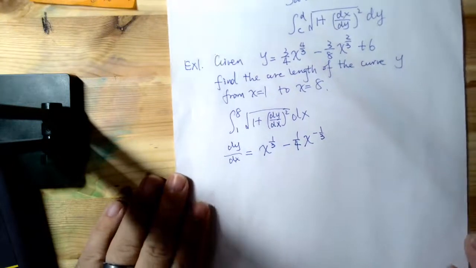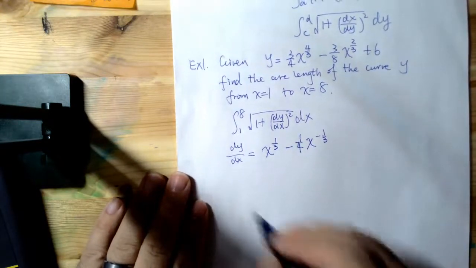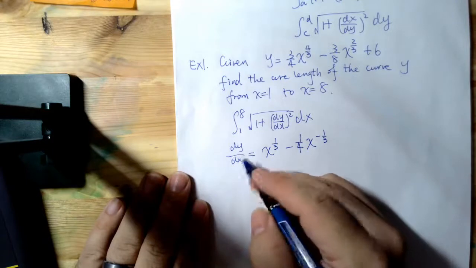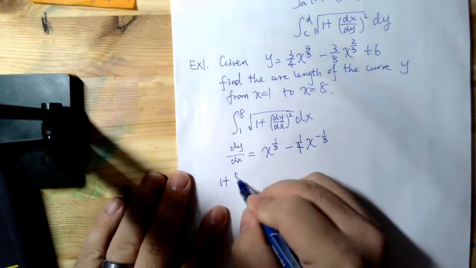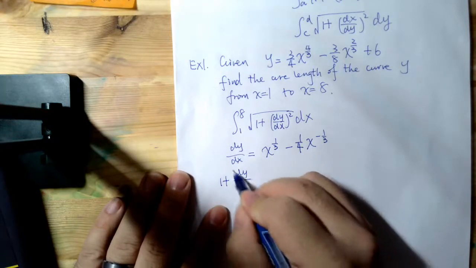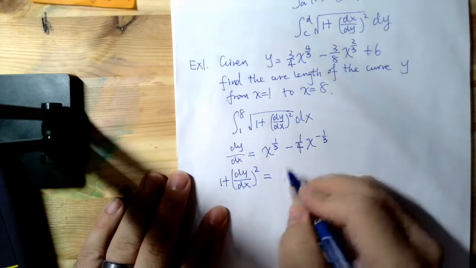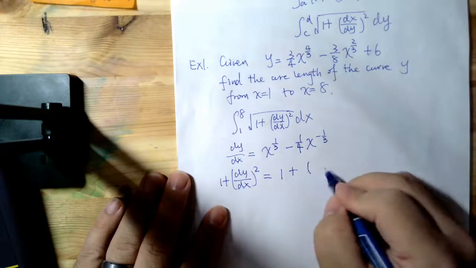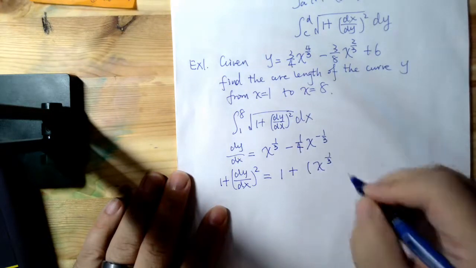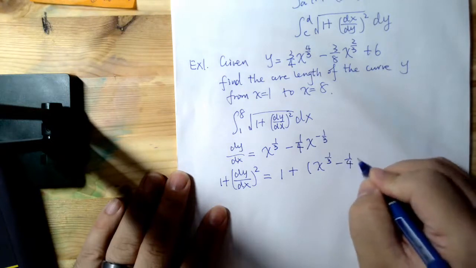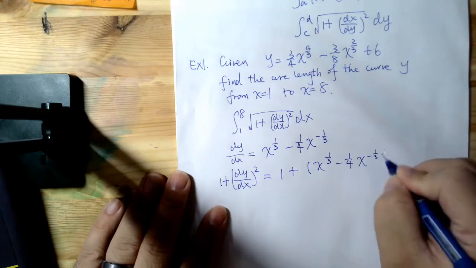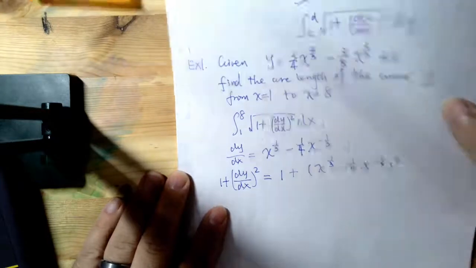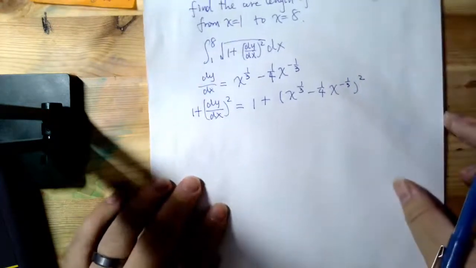It's nothing special here. Now I got this, and I start to evaluate 1 plus (dy/dx) squared, which is 1 plus (x^(1/3) minus 1/4 x^(-1/3)) squared.